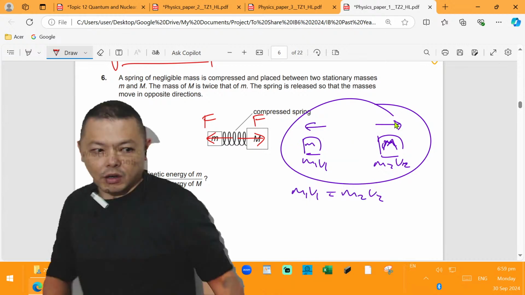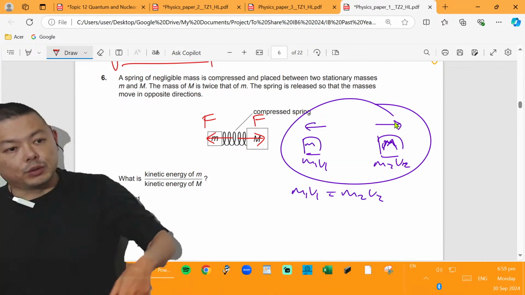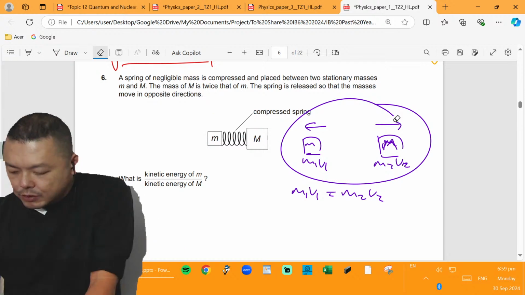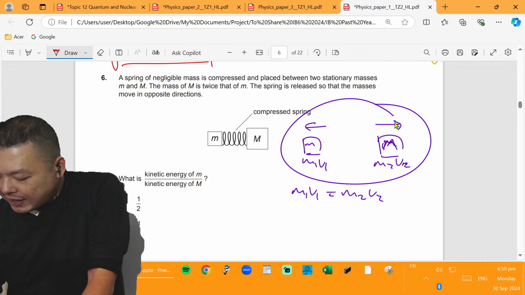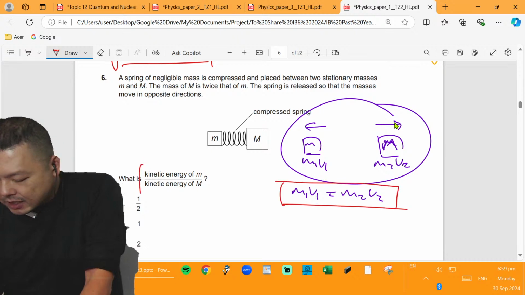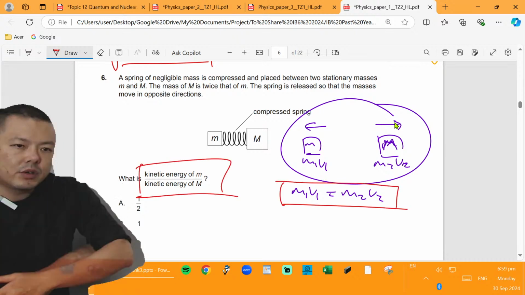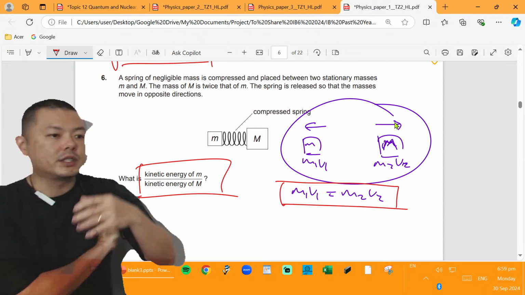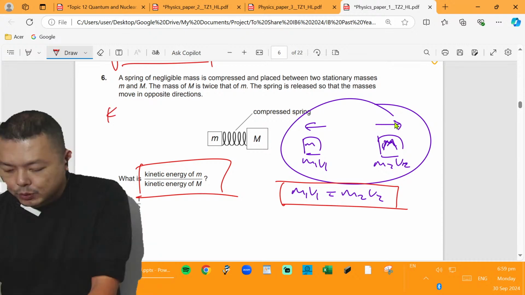So then you should consider momentum. Now, how do you relate momentum to KE? Is there a relationship? KE equals P squared over 2m.